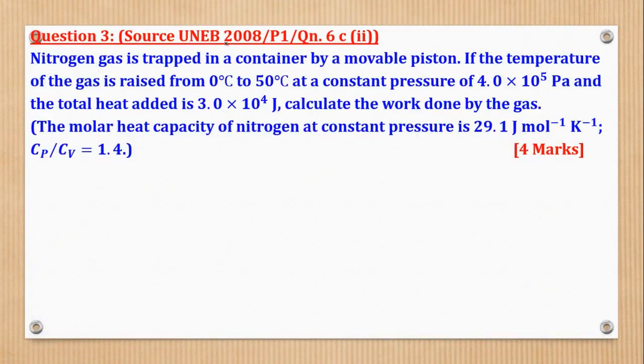Then question 3 came from UNEB of 2008, paper 1, question 6c, Roman 2. And it says, nitrogen gas is trapped in a container by a movable piston.